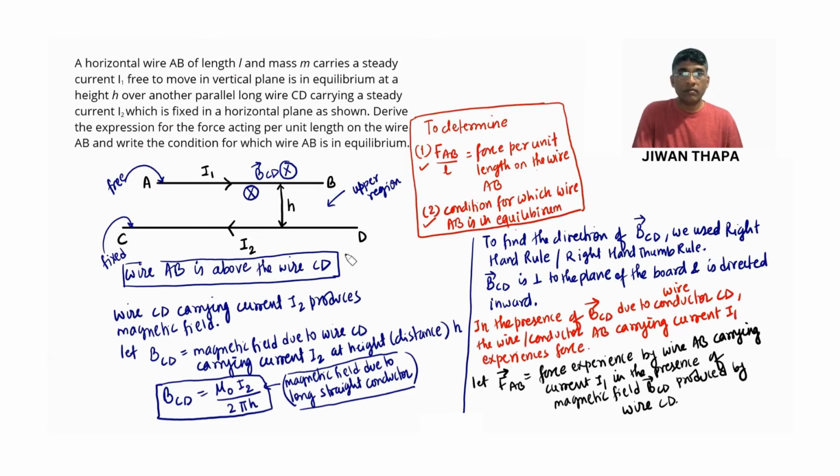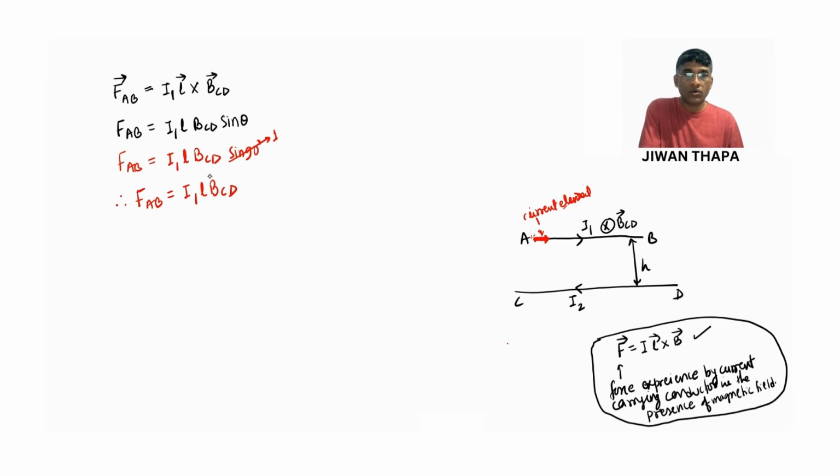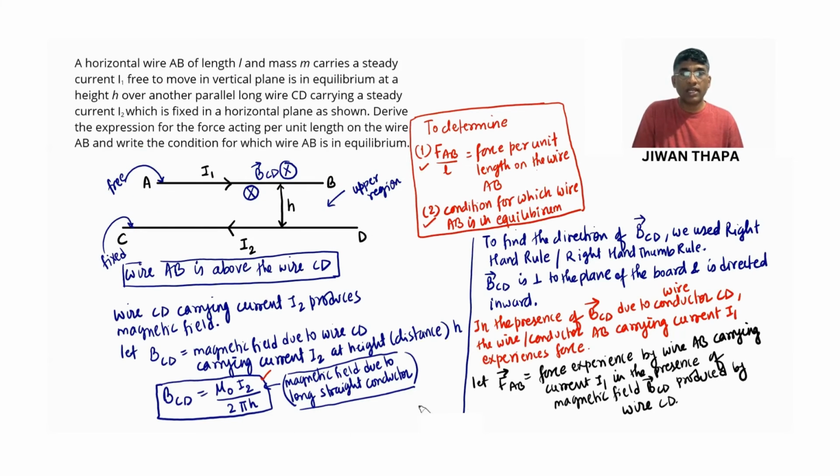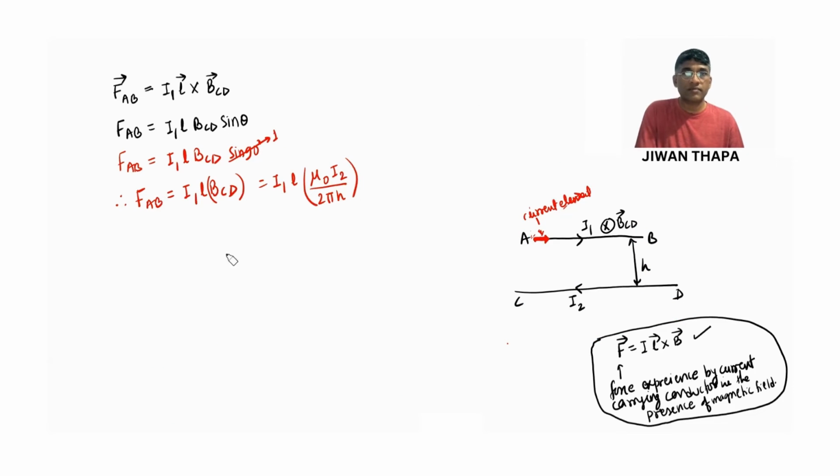We know the magnetic field due to conductor CD is mu naught I2 by twice pi H. So we are going to put the magnetic field due to wire CD. Therefore, I'm writing in this way.